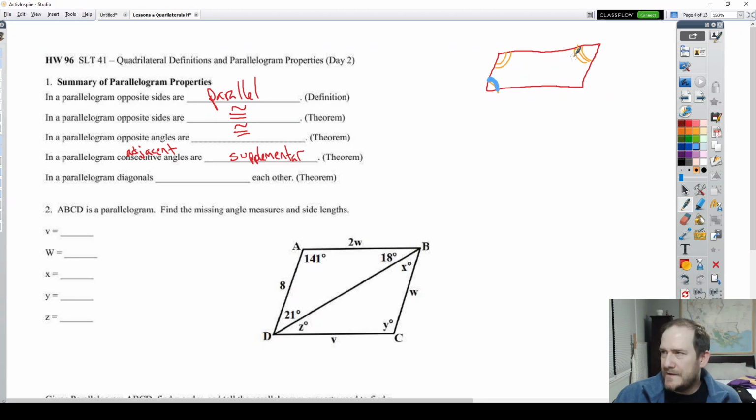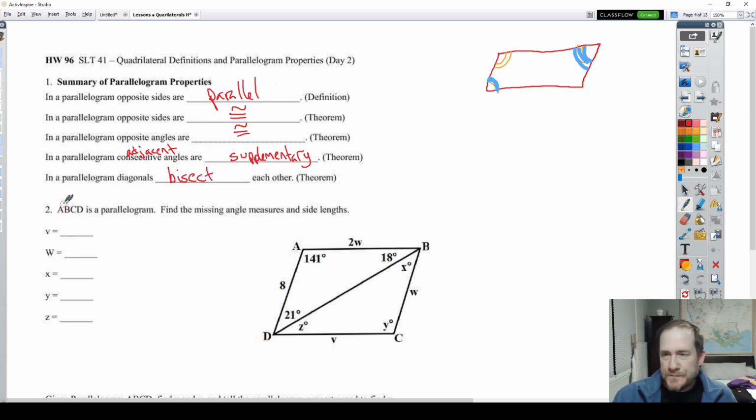So this angle and this angle, those are opposite angles. Opposite angles are congruent, but adjacent angles are supplementary, which apparently I didn't finish writing the word. Supplementary. All right. And then the other big property for parallelograms was that the diagonals bisect each other, which may or may not come in handy.